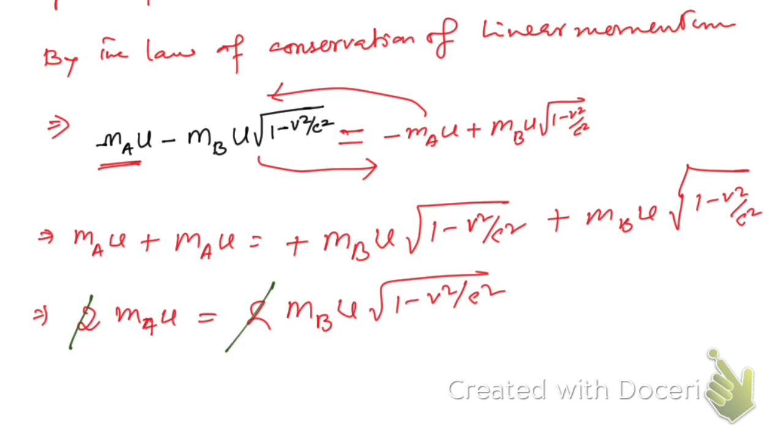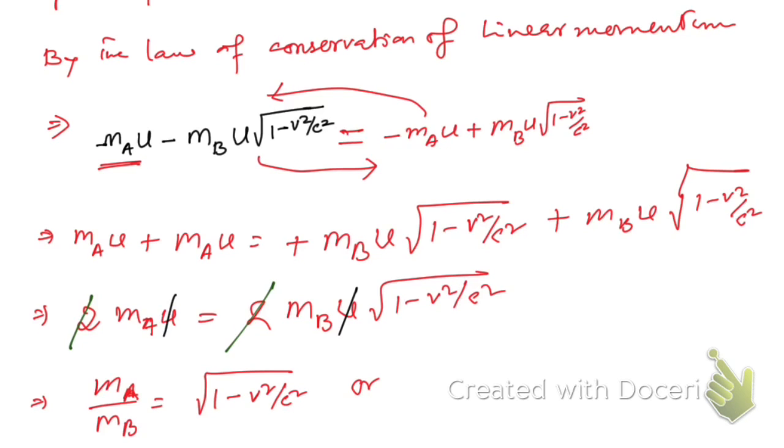So here 2 cancels, so we're gonna have MA by MB is equal to, and u also cancels, right, is equal to root over 1 minus v square by c square. That's what we're gonna have.